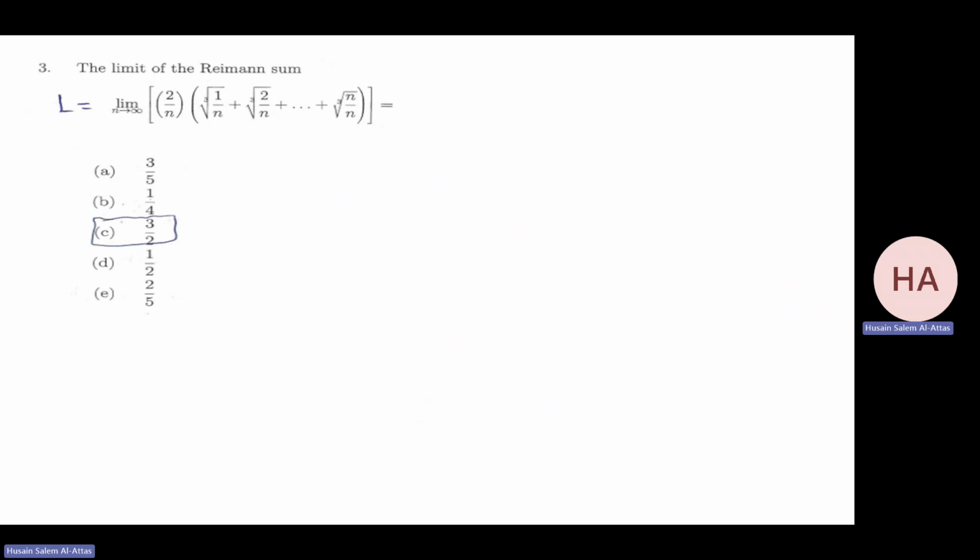I need to rewrite this one. That will be limit n goes to infinity, 2 over n. I have what here? Cube root. As a summation i equal 1 to n. Cube root i over n.